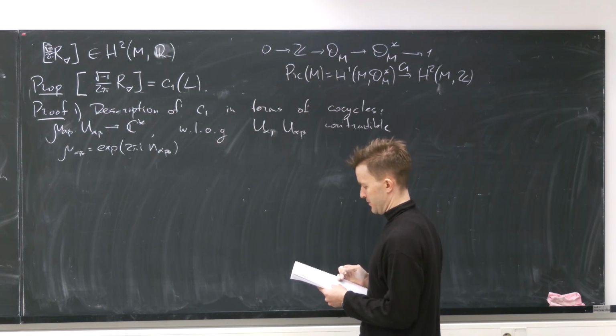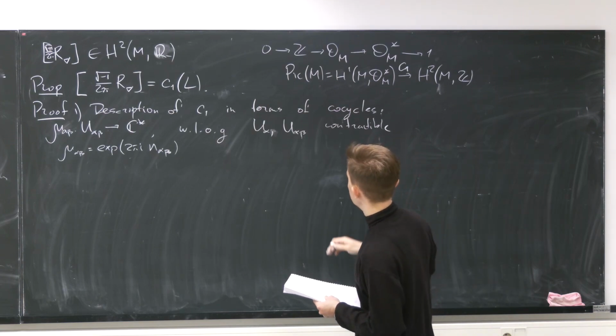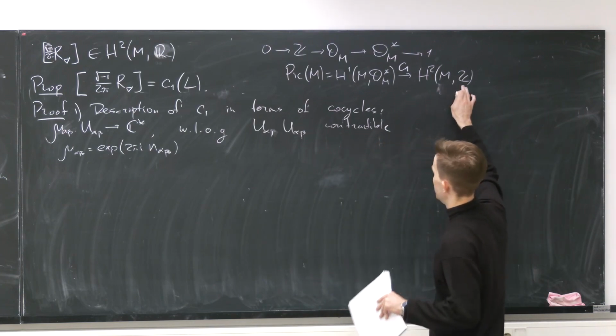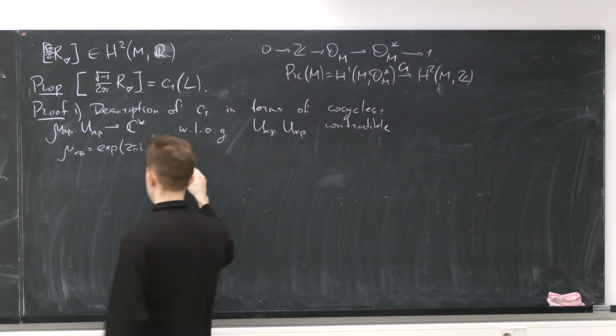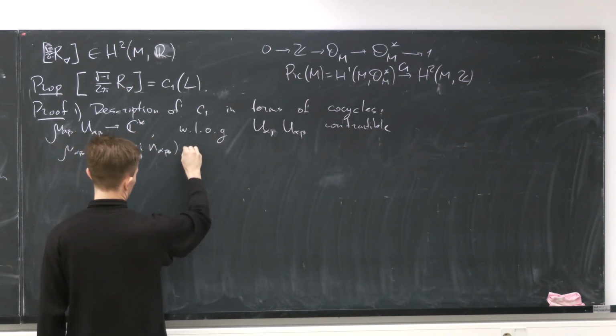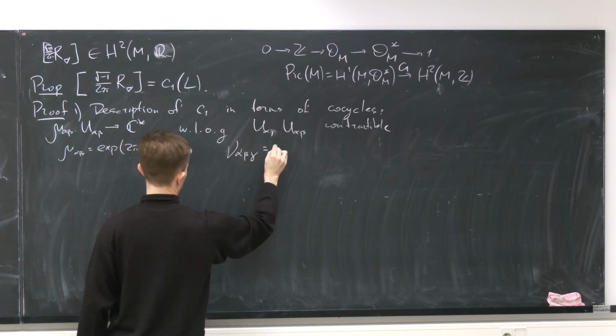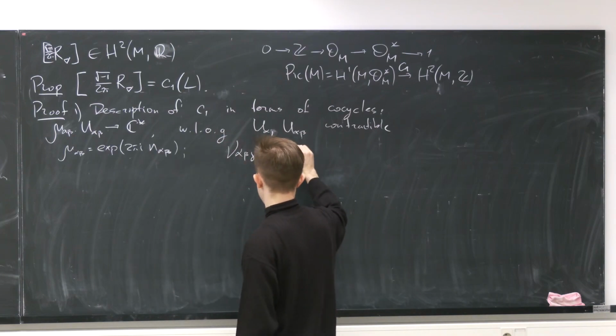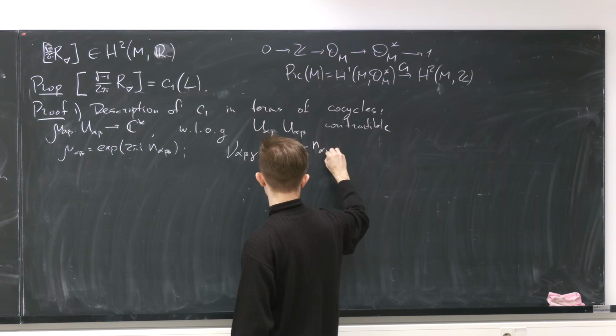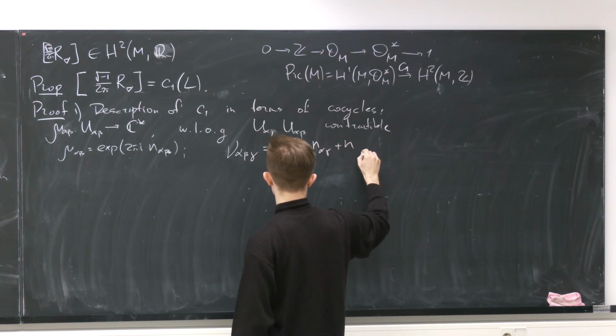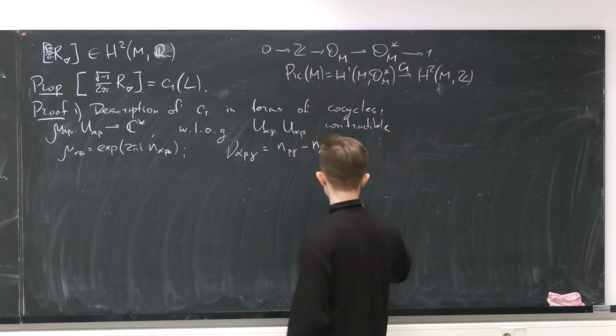And to define the two cocycle that gives me a class in H2 of n with coefficients in Z, I look at the following thing. That is n beta gamma minus n alpha gamma plus n alpha beta.